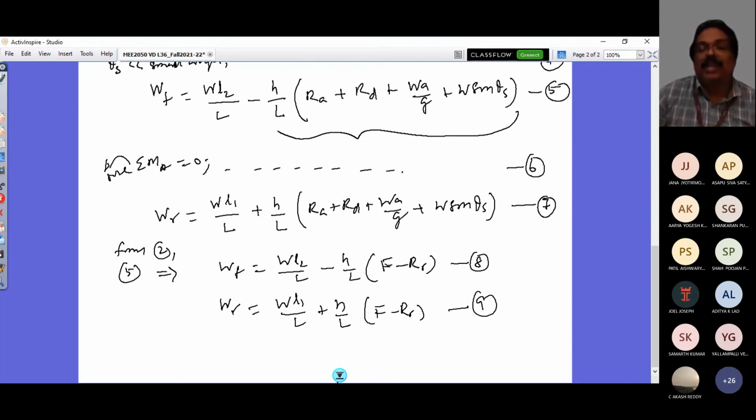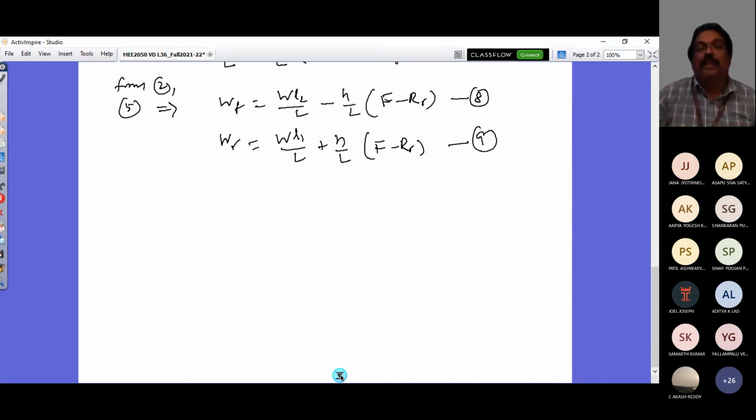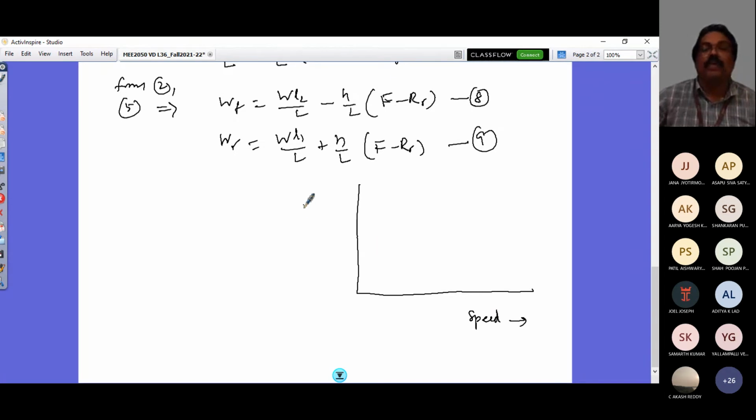If you look at these resistances, this is very interesting. They are functions of speed. So if I look at all the resistances in a vehicle, what is the power requirement to overcome them? That's what we call road load power. Why? Because force times velocity is power.